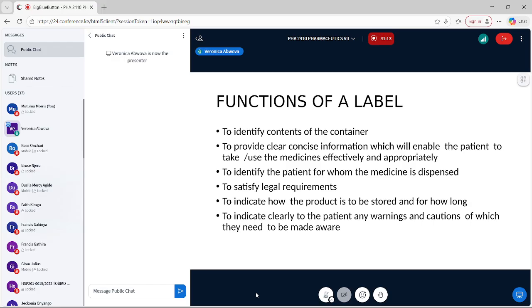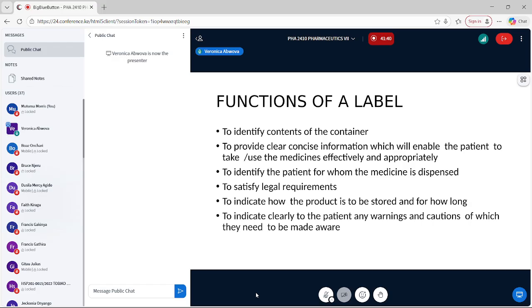So functions of a label: identify the contents of the container; provide clear, concise information which will enable the patient to use the medicines effectively and appropriately; identify the patient for whom the medicine is dispensed. Remember, we said it should have the name of the patient. Satisfy legal requirements. It is a legal requirement that whatever leaves your pharmacy is labeled.